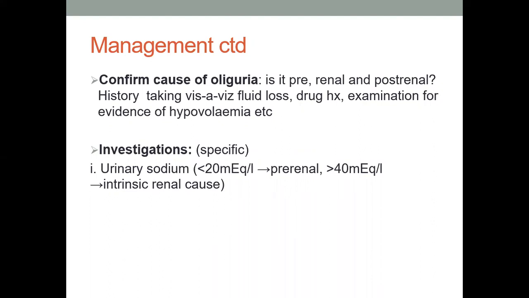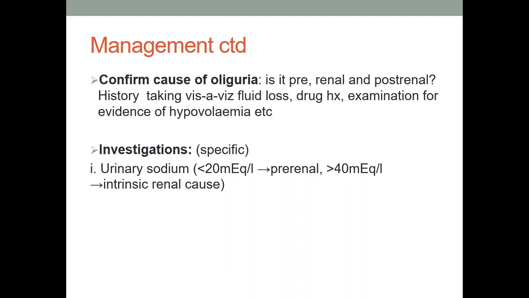And investigations, specific investigations in AKI management, is urinary sodium, which can actually differentiate between pre-renal and renal. When urinary sodium is less than 20 milliequivalent per liter, it shows that it's pre-renal. And when it's more than 40 milliequivalent per liter, this shows a structural or intrinsic renal cause.